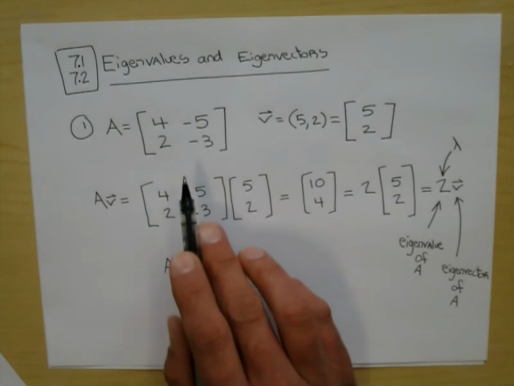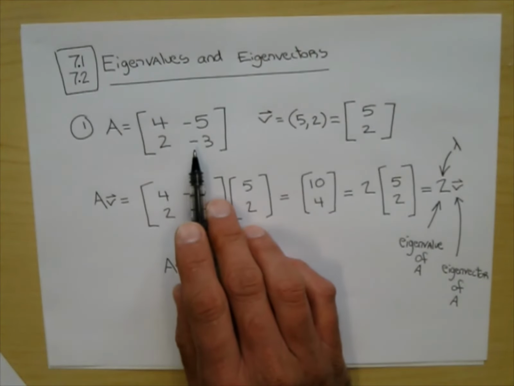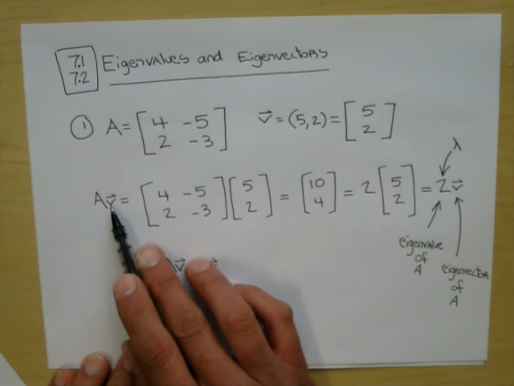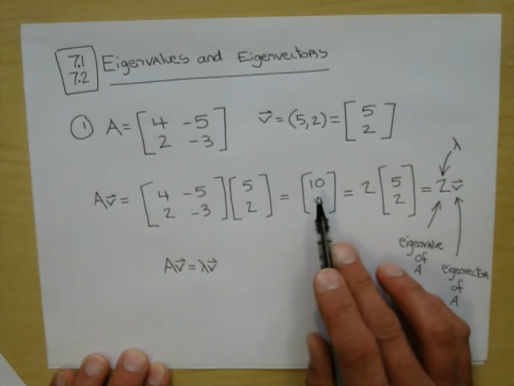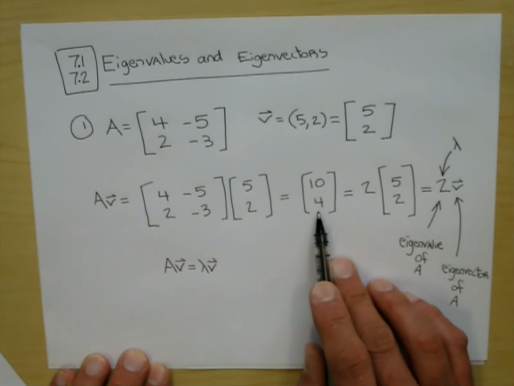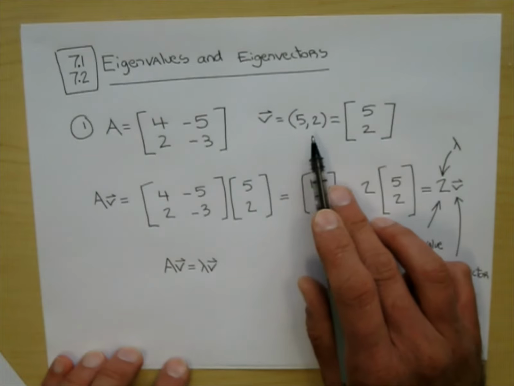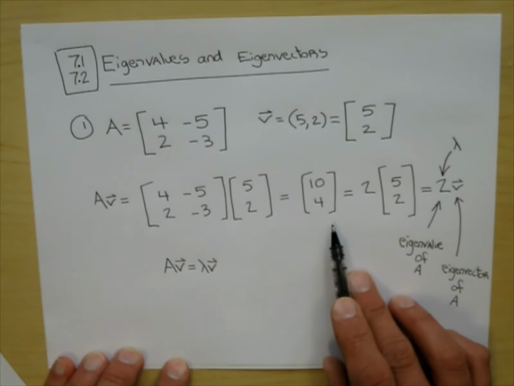Now, if A happens to be a linear transformation from R2 to R2, and you've just put this through the linear transformation, then V remains on its own span. Like 5, 2 got transformed to 10, 4. That stayed on the span of what V was. So it remains on its own span.